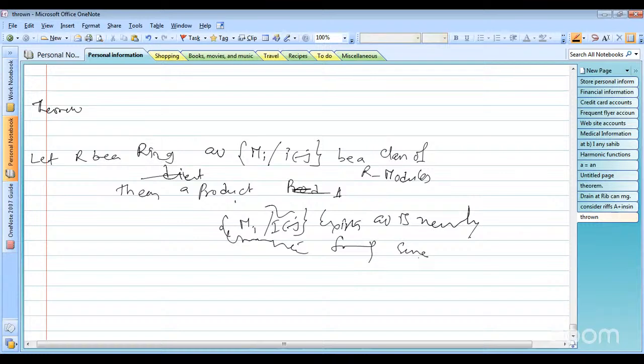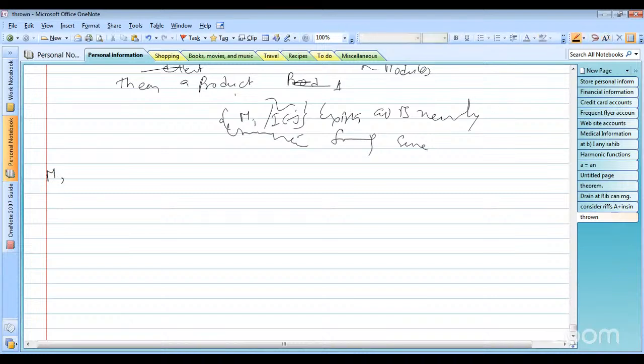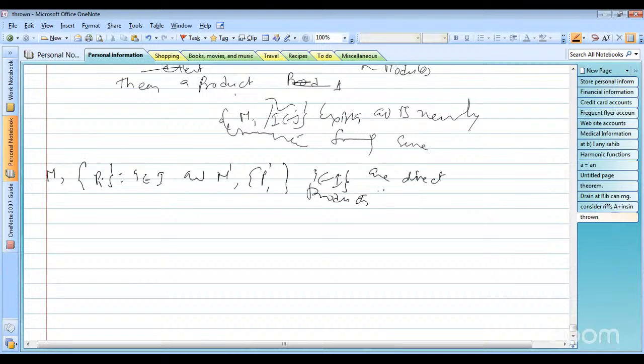Let us say if (M, Pi), i belongs to I, and (M dash, Pi dash), i belongs to I, are direct products of Mi, i belongs to I, then there exists an isomorphism P from M to M dash such that Pi dash circle P is equal to Pi, for all i belongs to I. So Pi dash circle P is equal to Pi.